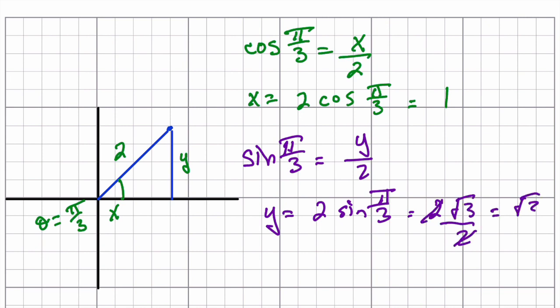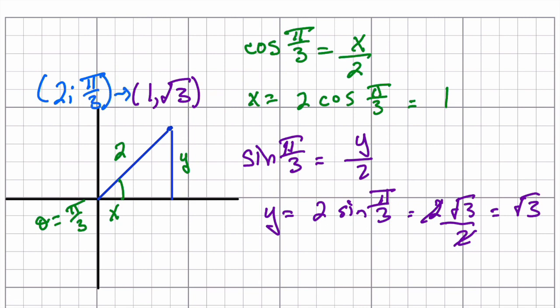So I just get radical 3. Hence I can see that my rectangular coordinates in this case are going to be 1 and square root of 3, whereas the polar coordinates, what I started with, would be the radius 2 and the angle, which would be pi thirds.